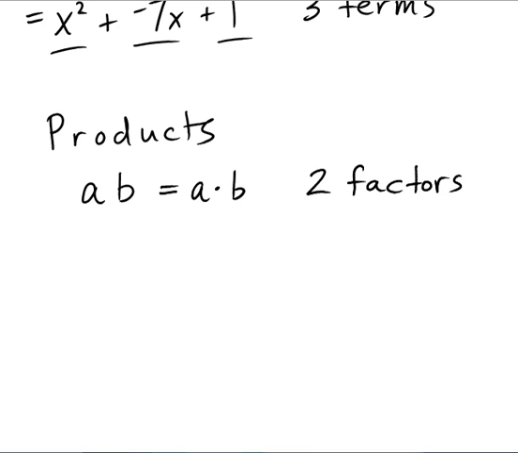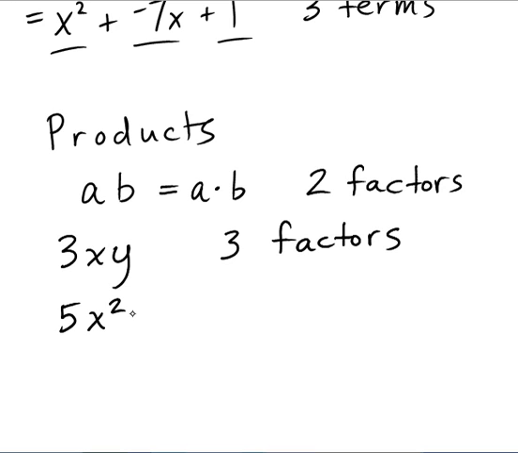Let's look at a more complicated product. 3xy, which means 3 times x times y. We're multiplying three factors together in this product. And let's look at one more. 5x squared y.